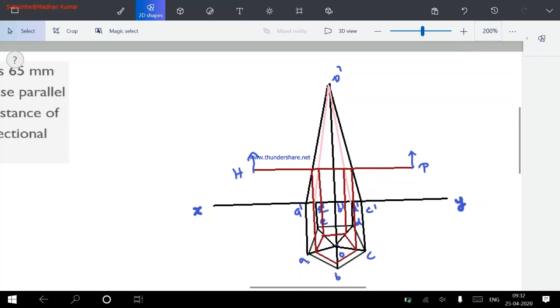So from OA, I am introducing it as 1. So I have to introduce the nomenclatures. From this particular one, it is 1, second 2, 3, 4, 5. So totally how many cutting edges are there? 5 cutting edges are there. So 1, 2, 3, 4, 5.